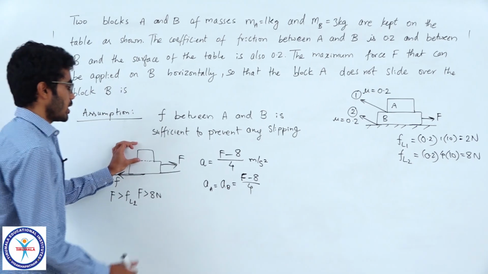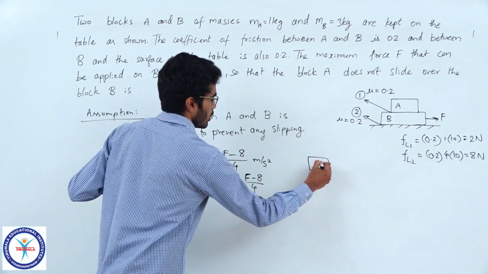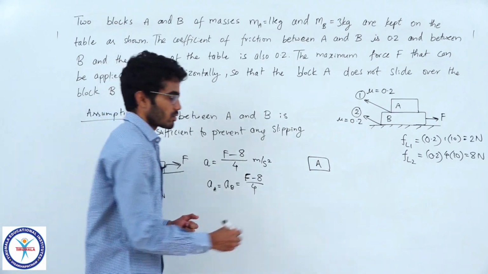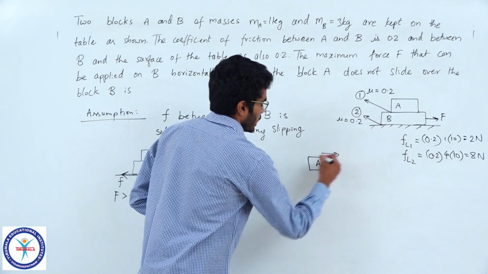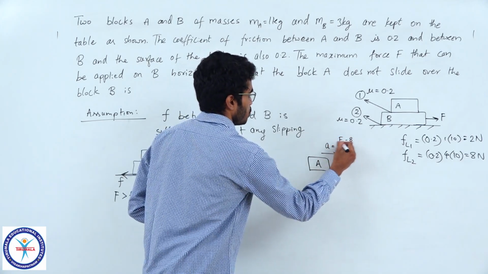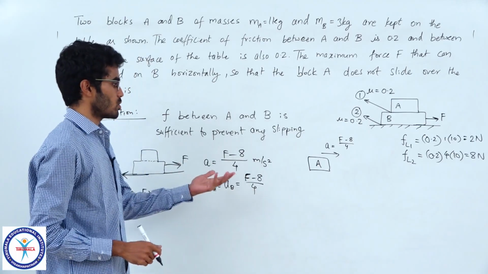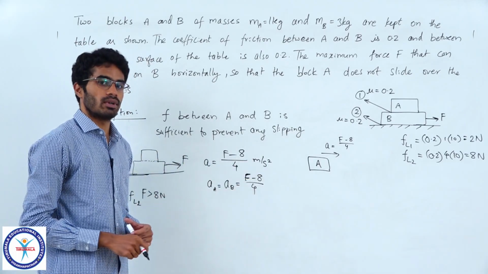Now, let us isolate A in the figure and draw the free body diagram here. Now, we know that A is accelerating towards the right with a certain acceleration, (F minus 8) by 4. How does the block A get this acceleration? What is the horizontal force which is acting on A?